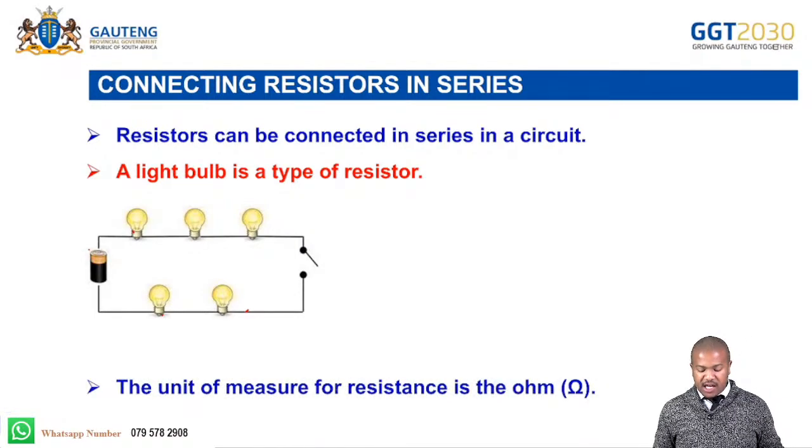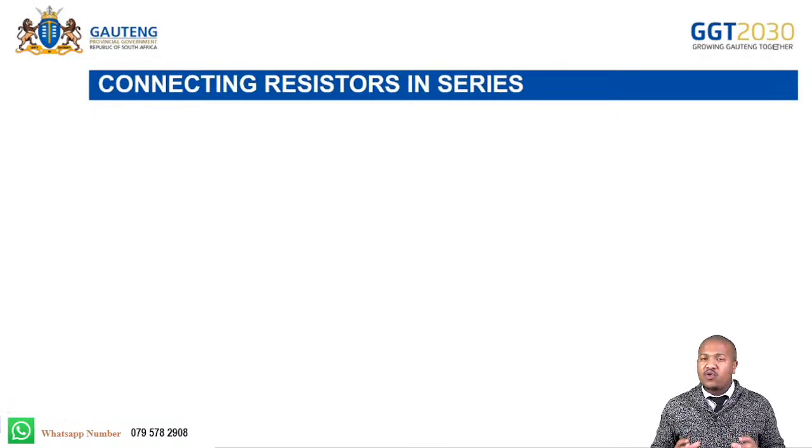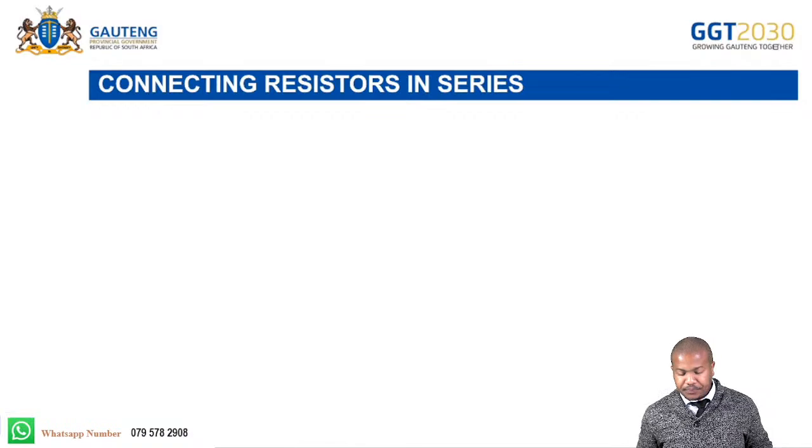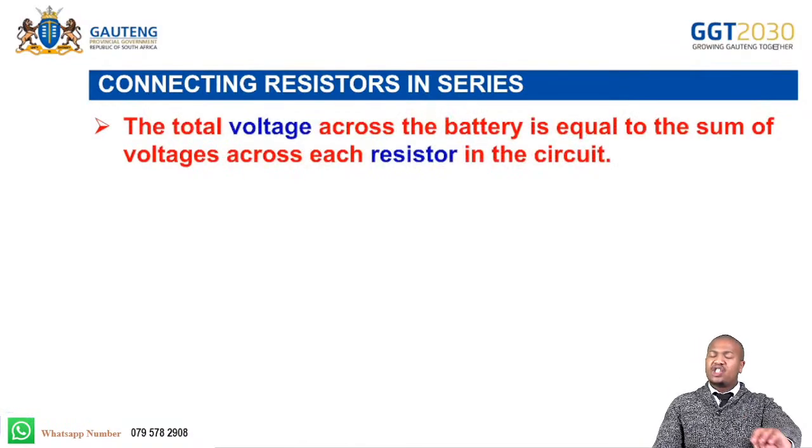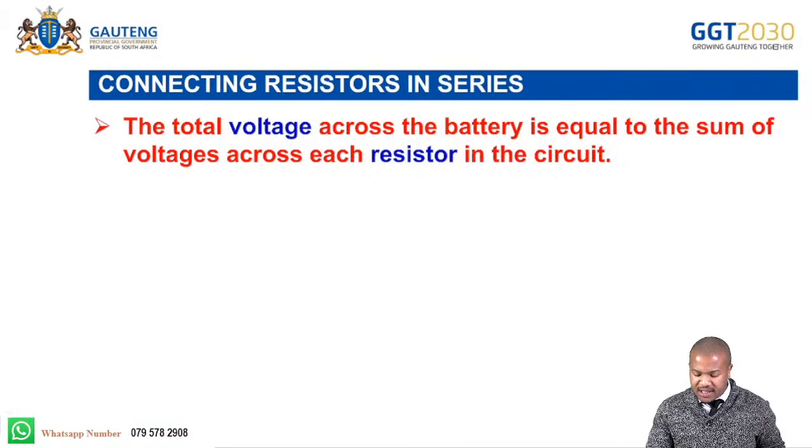Are we together? So now, just a reminder, the unit of measurement for resistance is ohms, so that we're not confused when we continue with this one. So now, the total voltage across the battery is equal to the sum of the voltages across each resistor in the circuit.